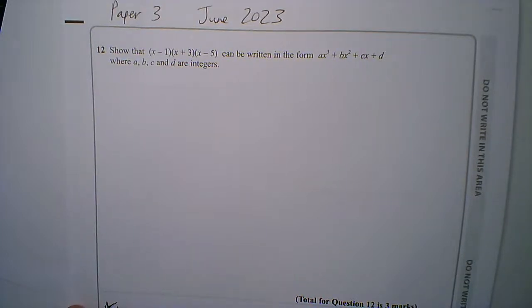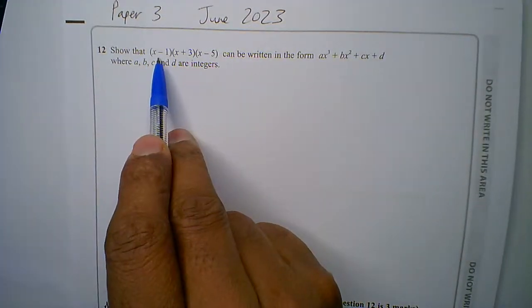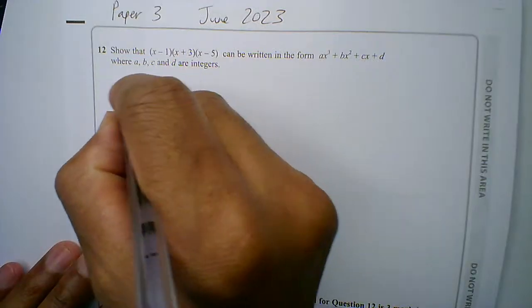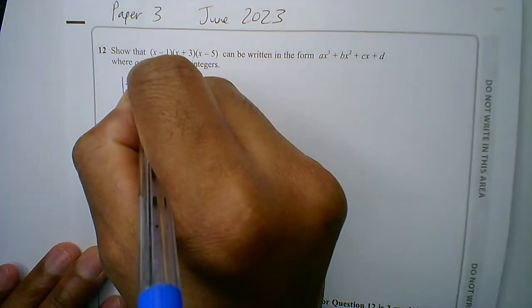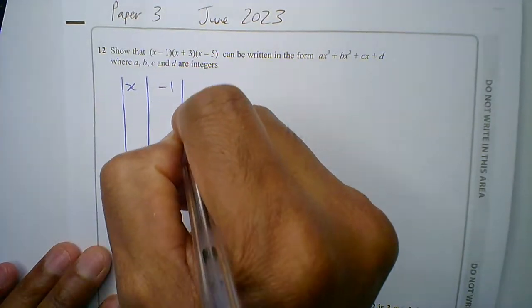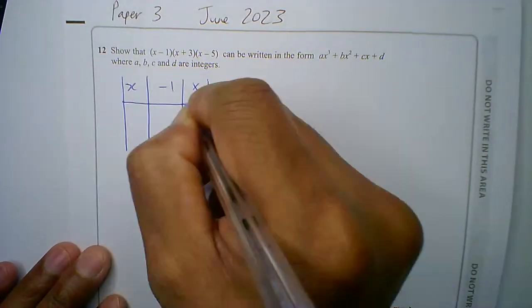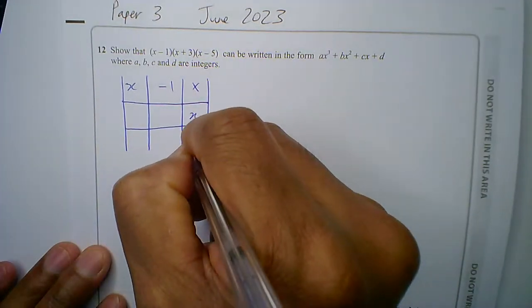Okay, so let's do this question. So I look at my terms, x minus 1 times x plus 3 times x minus 5. So I'm going to have x minus 1 times x plus 3.